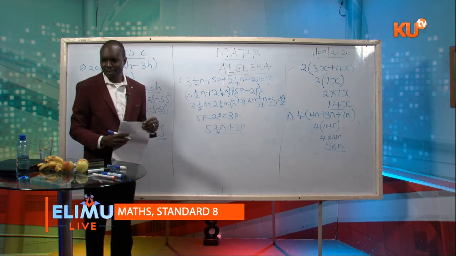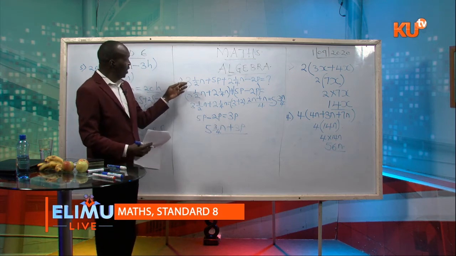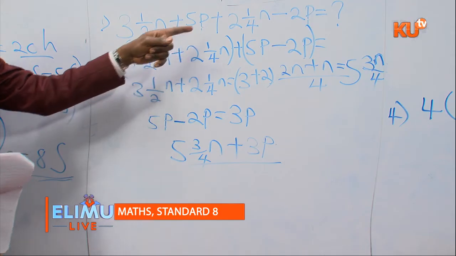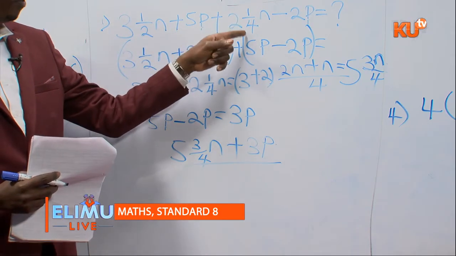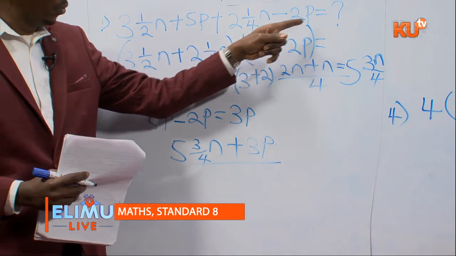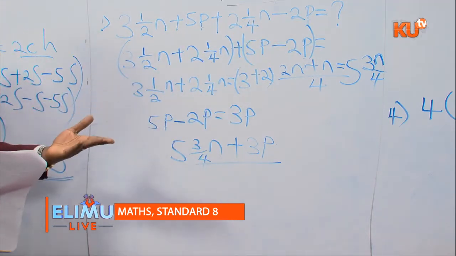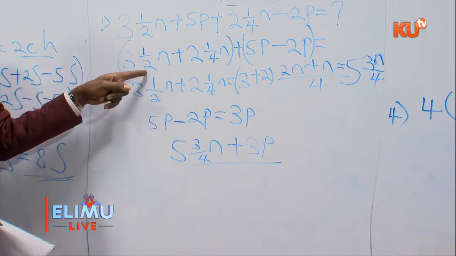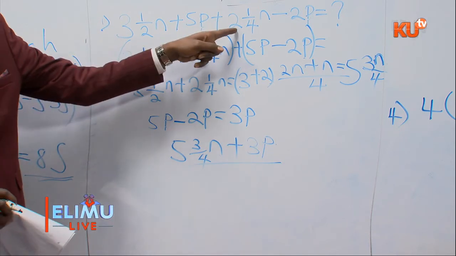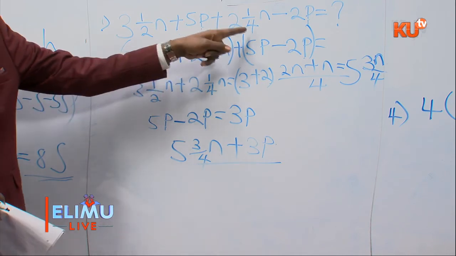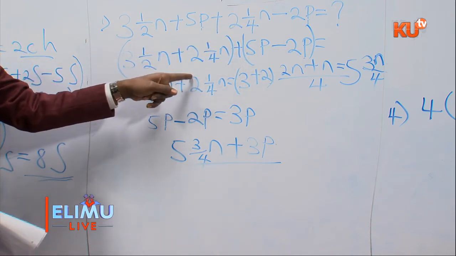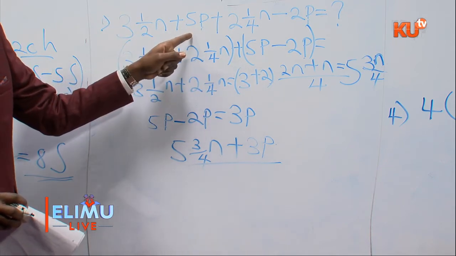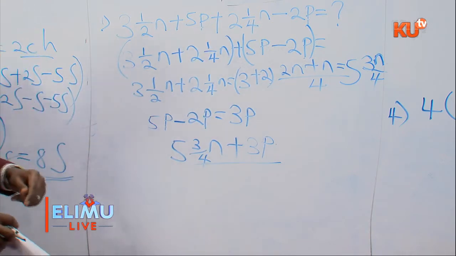Let me explain it again. 3 whole number 1 over 2n plus 5p plus 2 whole number 1 over 4n, take away 2p. Here we collect the like terms. I have taken 3 whole number 1 over 2n plus 2 whole number 1 over 4n, plus 5p take away 2p.